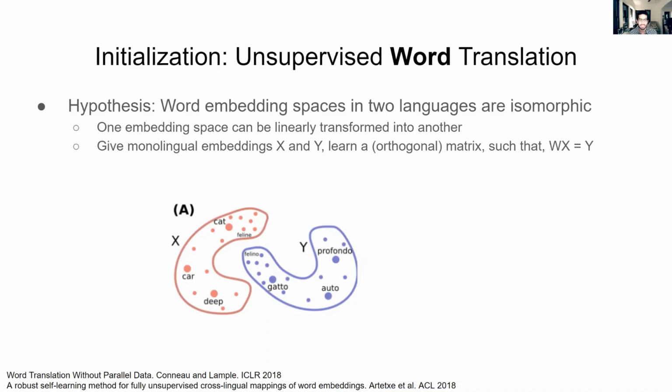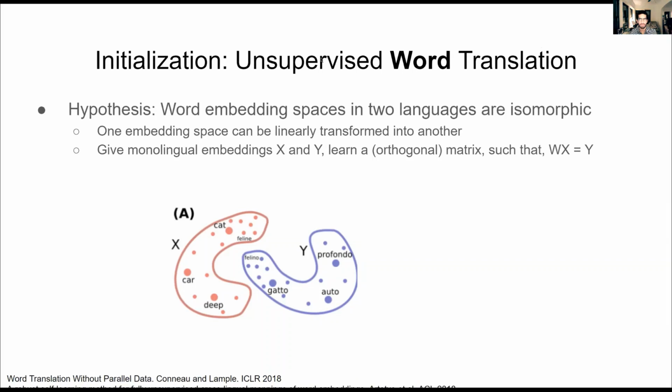The hypothesis we start with is that you can transform a word embedding in one language to the other using an affine transform, which in other words means that these two word embedding spaces are isomorphic, that they can be transformed into one another using a linear transform.